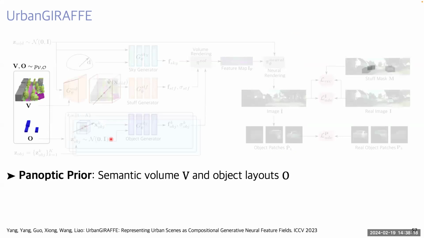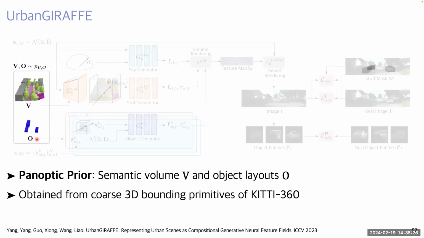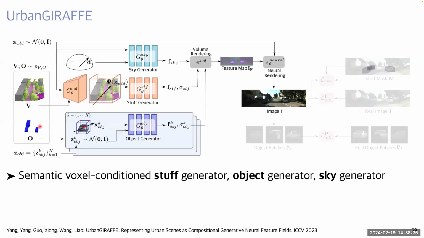And here is the method. Firstly, we split the prior into the semantic volume as well as the object layouts. Both of this information is provided by the KITTI-360 dataset. Then we have this compositional architecture, where we split the scene into sky, stuff, and objects.